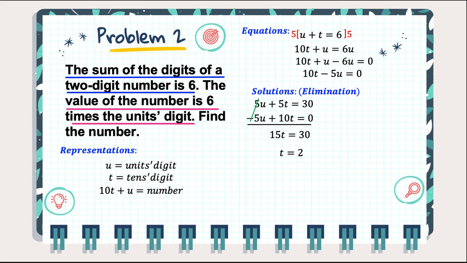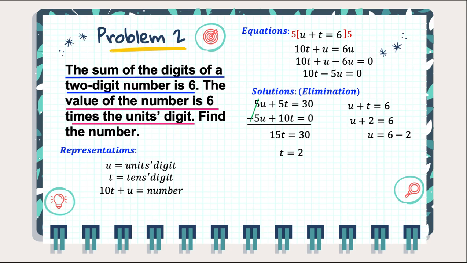As we proceed, we're going to solve for the value of u. I will be using the first equation, which is u plus t equals 6. Substituting the value of t, which is 2, that will be u plus 2 equals 6. Transpose 2 to the other side of the equation, so that will be u equals 6 minus 2.